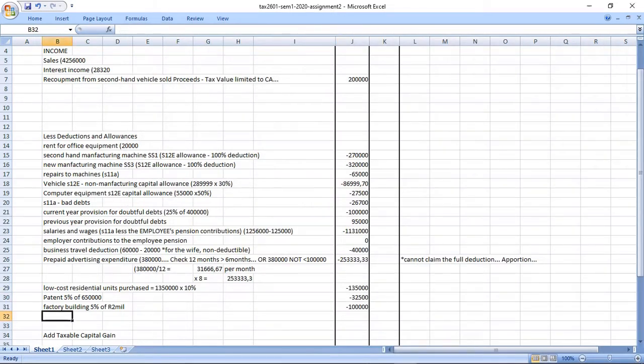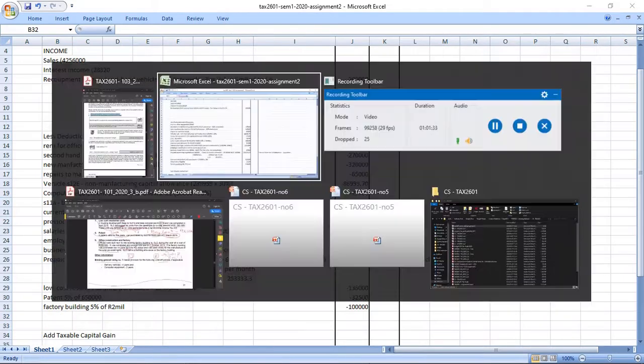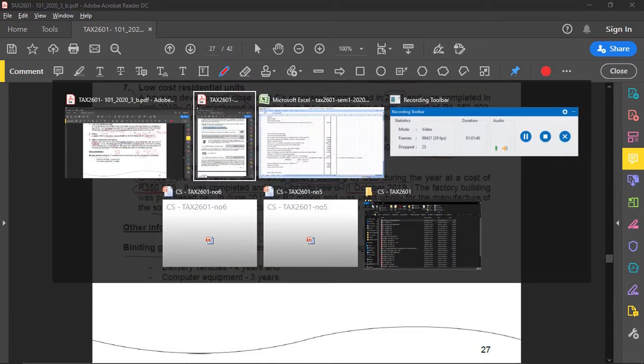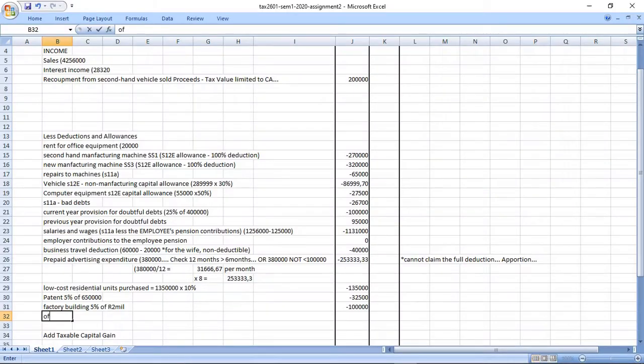All right, so now that we've clarified that, maybe just put in the amounts. 350,000 times 5%.